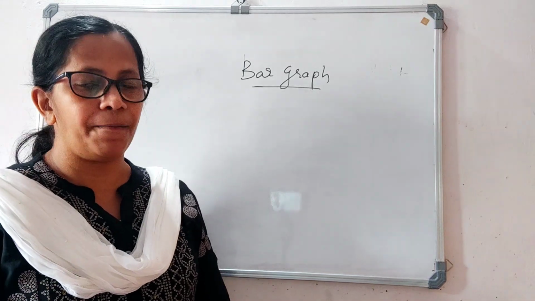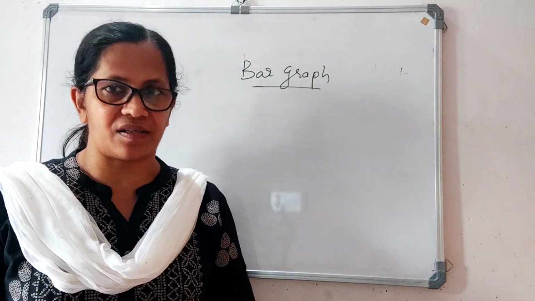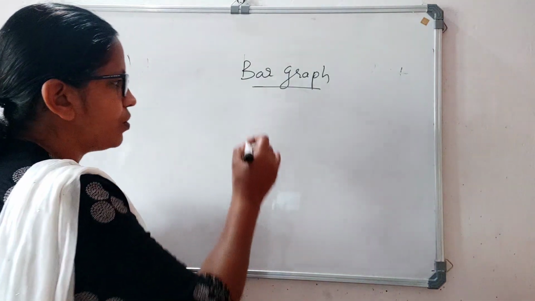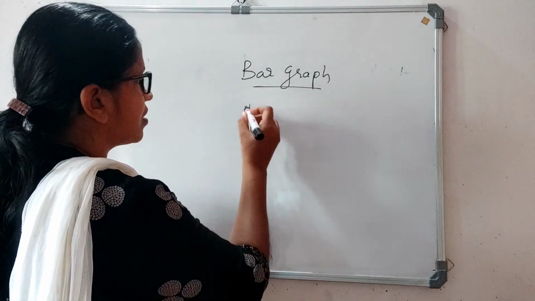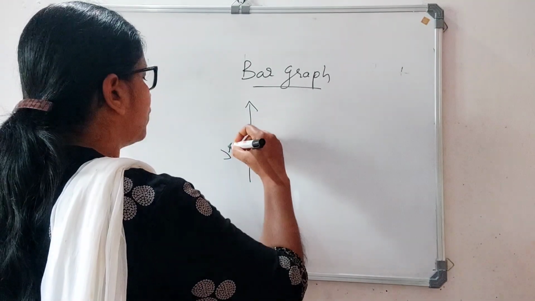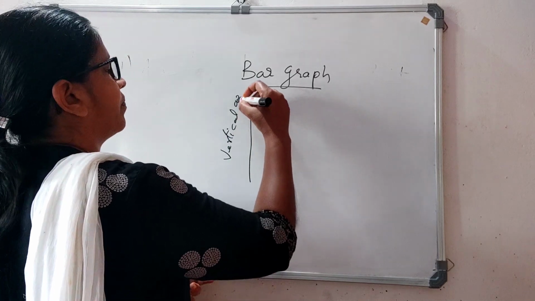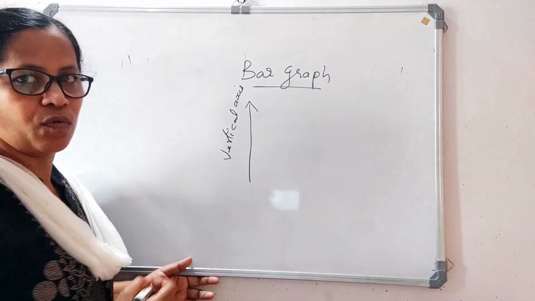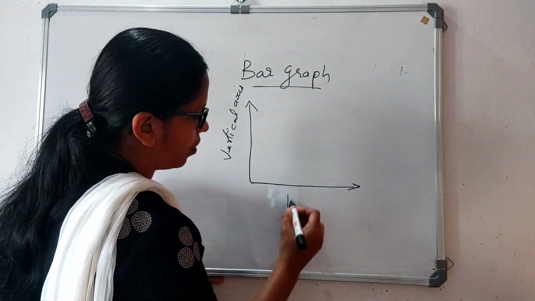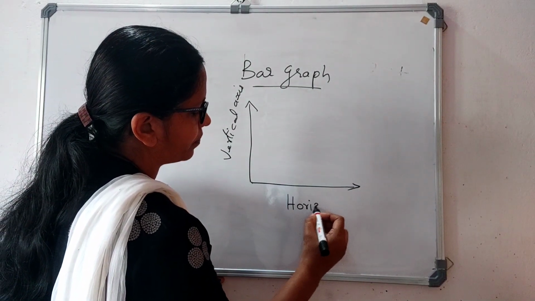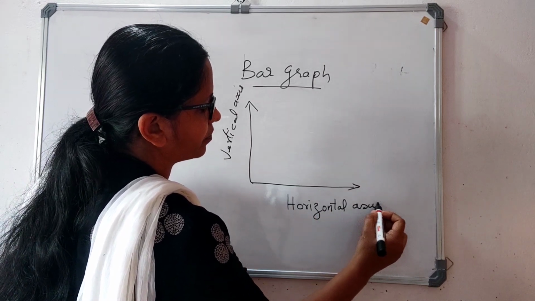The first thing you should take care of is that there are two axes. When you represent data, we can draw a line like this. This is called the vertical line, or vertical axis. The line which we draw like this is called the horizontal axis.